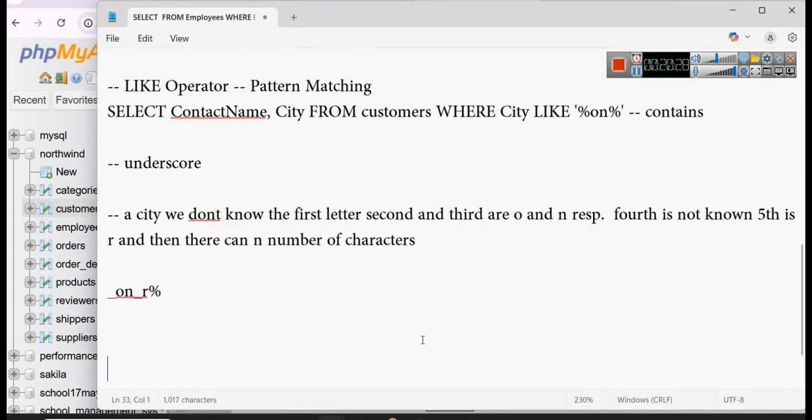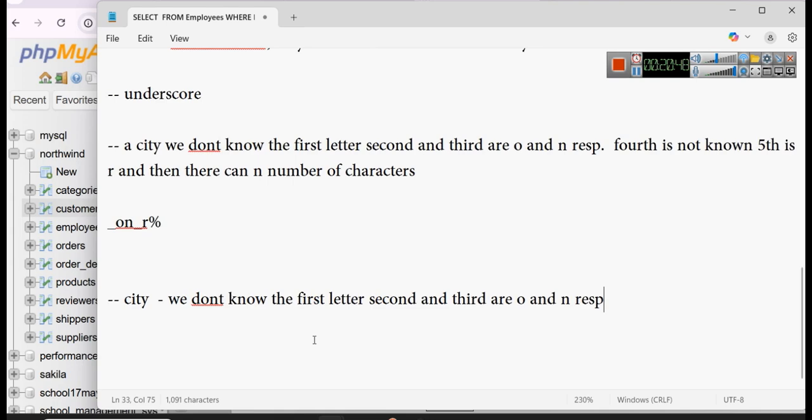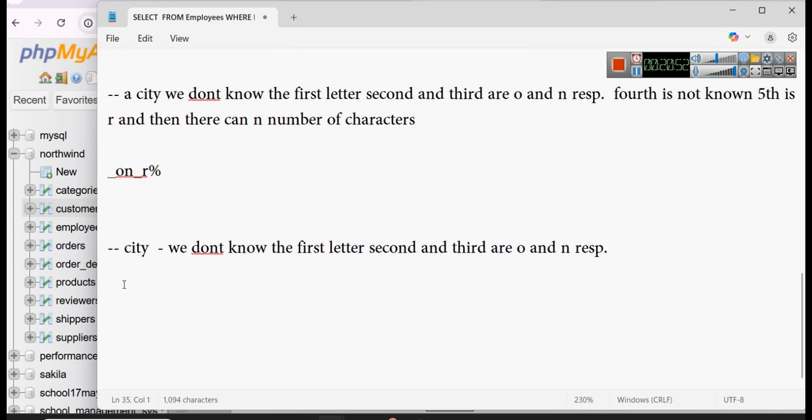let's say city where we don't know the first letter, and now what will you write? Question is we don't know the first letter.